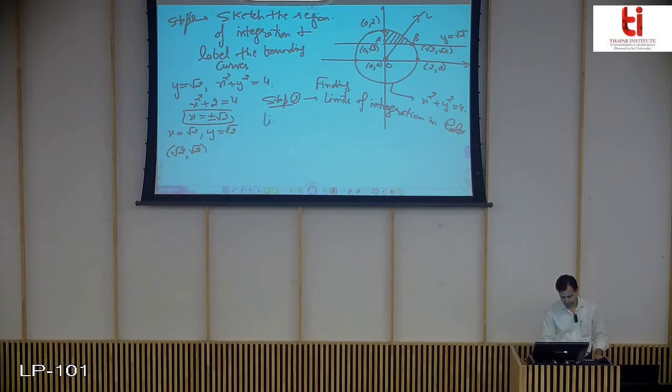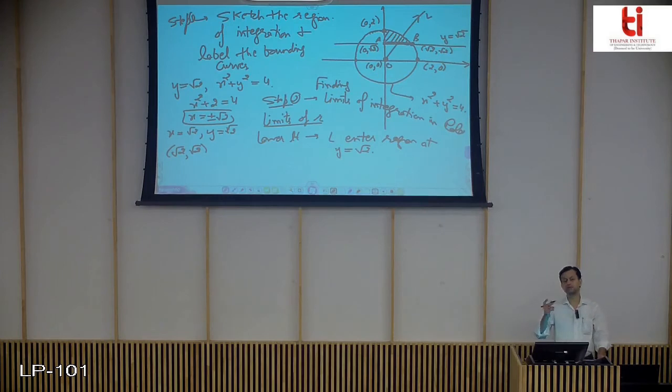First, limits of r. We will see where the line L enters the region. It enters at this boundary. Let me write it properly. Limits of r, lower limit: L enters the region at y equals under root 2. It always enters the boundary of the given region at y equals under root 2.